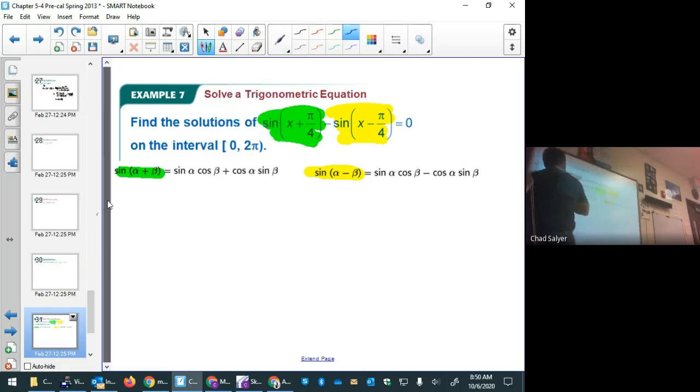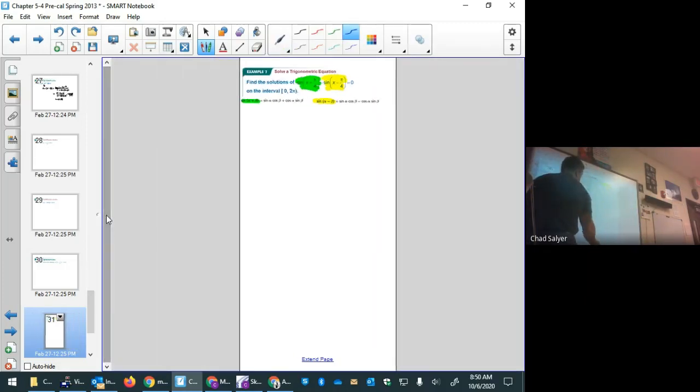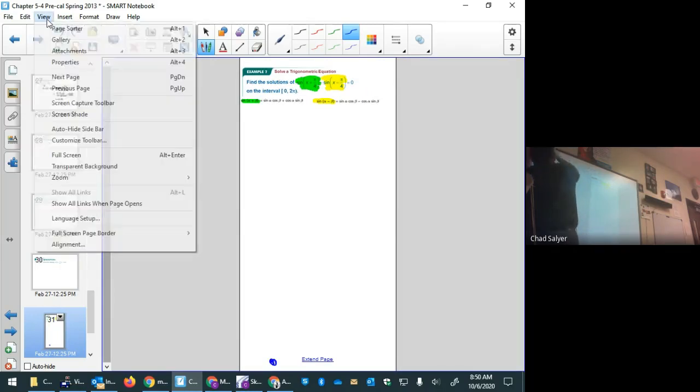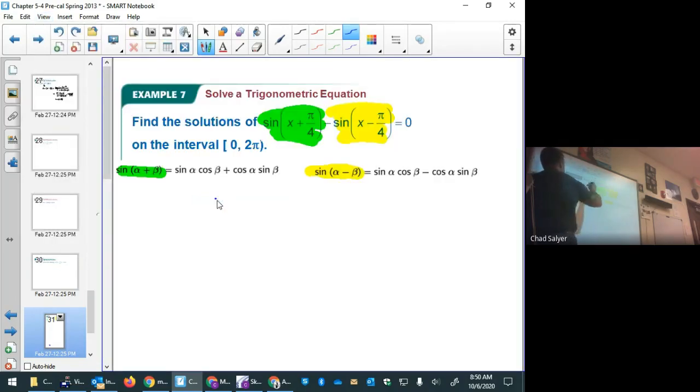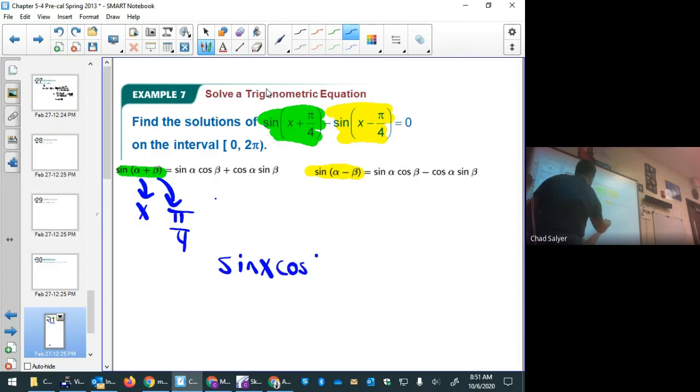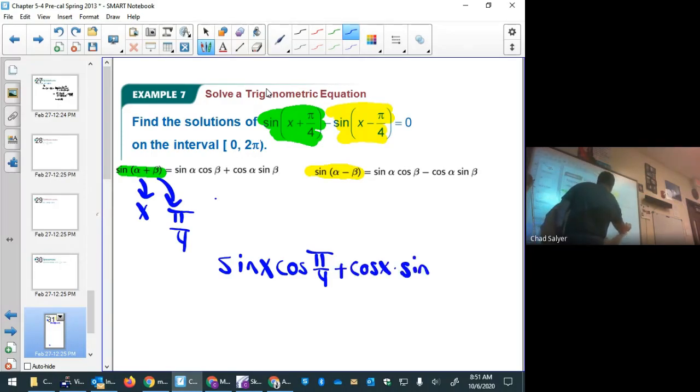So in the case of the left one here, the one I've highlighted in green, the alpha is x and the beta is pi over 4. So I can rewrite that as the sine of x times the cosine of pi over 4 plus the cosine of x times the sine of pi over 4.